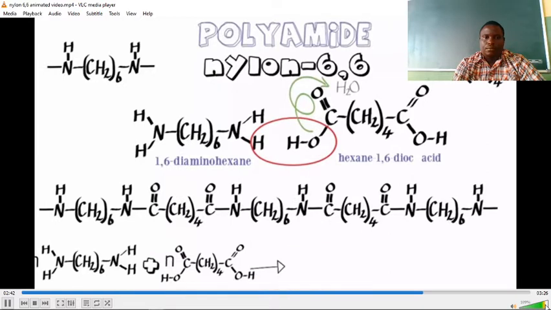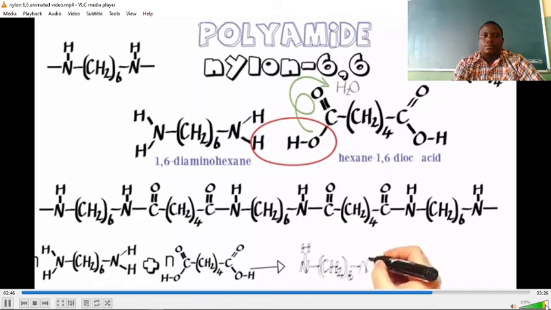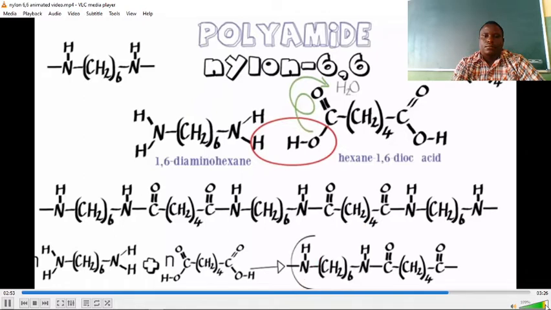Let's take a look at how we can represent the structure of the polymer nylon 6,6, like this. There's an analogy I like to use here. If you have 8 fence posts, the number of spaces between the posts will be 7. Now here, if you take N plus N, in other words 2N molecules, and join them together, you're going to get 2N minus 1 peptide links, and therefore 2N minus 1 water molecules.